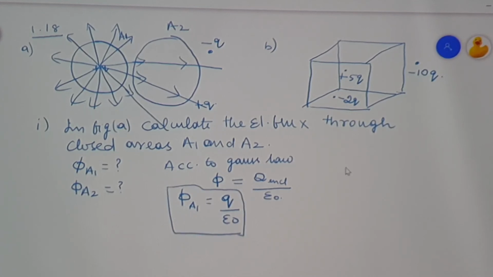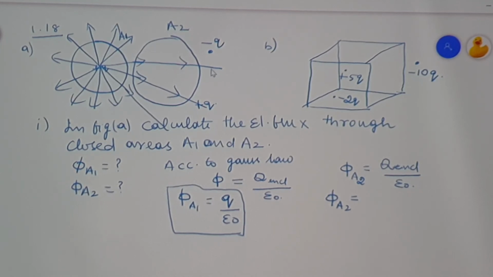Similarly, if I am considering flux in that area phi 2, the same formula, Q enclosed divided by epsilon 0. So phi of A2 is equal to, what is Q enclosed? You just consider the second sphere. Inside the second sphere, no charge is available.